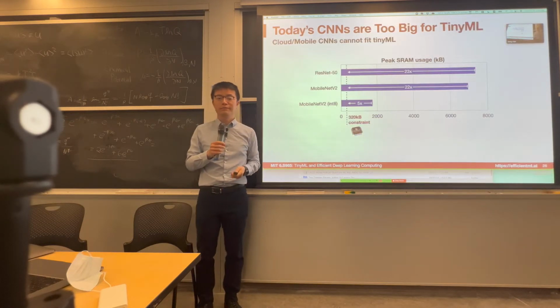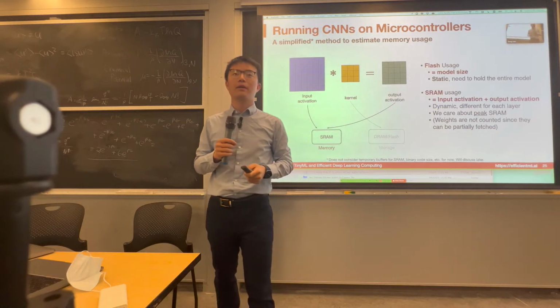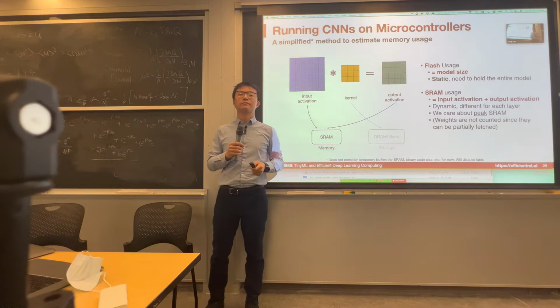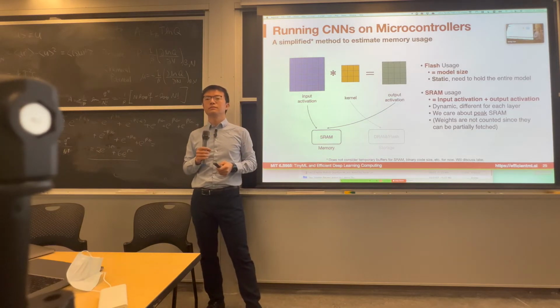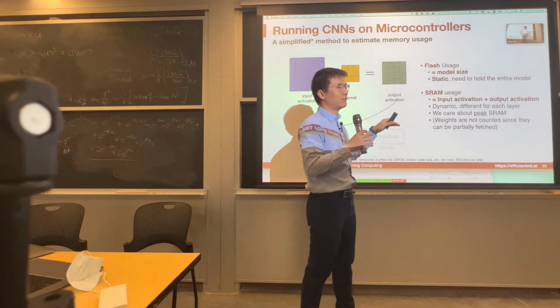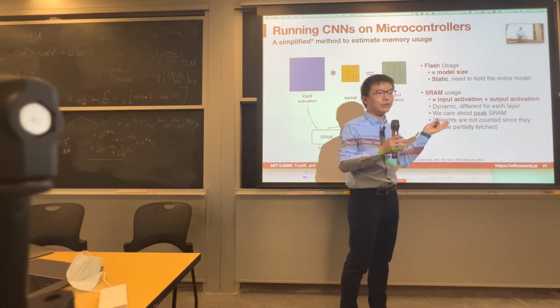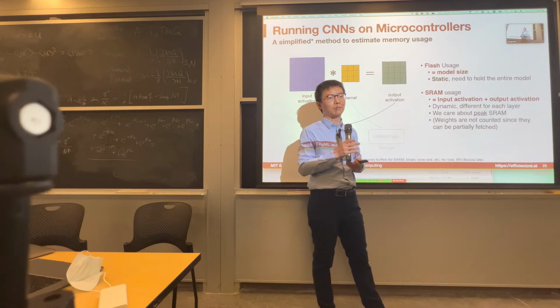A question: when you're running a neural network on a computer that has an NVIDIA GPU, where are these on the computer? Are they the RAM of the computer, or something else? This is just for microcontrollers. For GPUs, we have a lot more resources. For a GPU and normal computer, we have the DRAM. On a microcontroller, we don't have the DRAM.